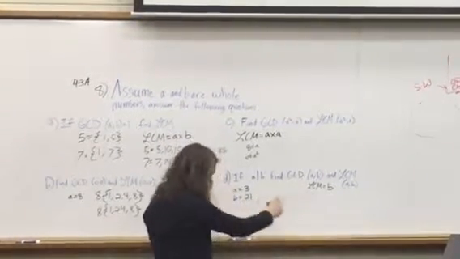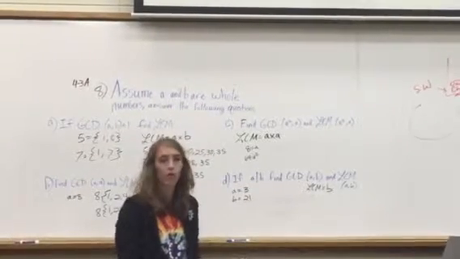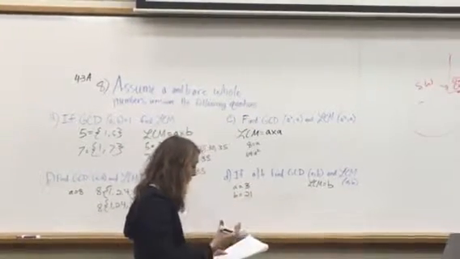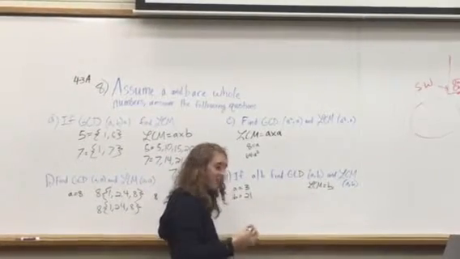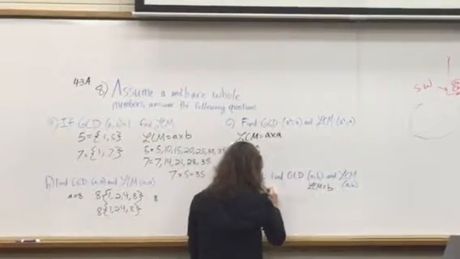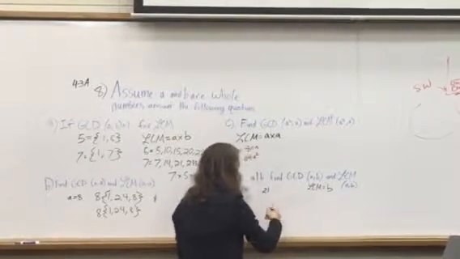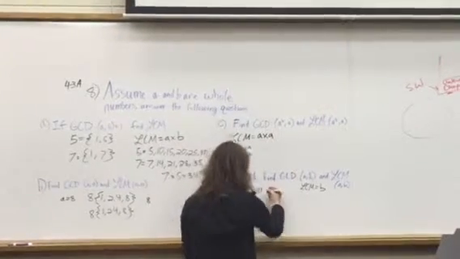In this case, it's 21. 21 is the lowest possible multiple of 21, or B. So 21, or B, is the lowest possible thing that you can get as a multiple.